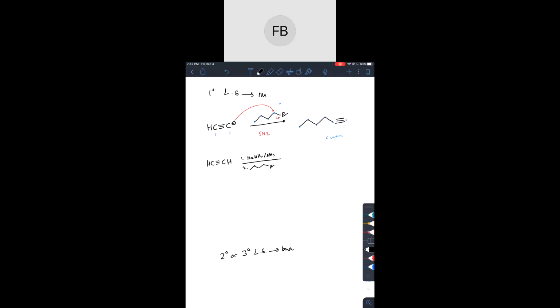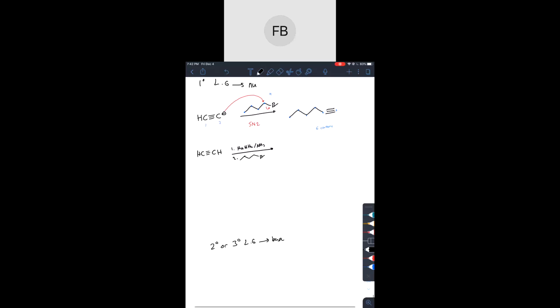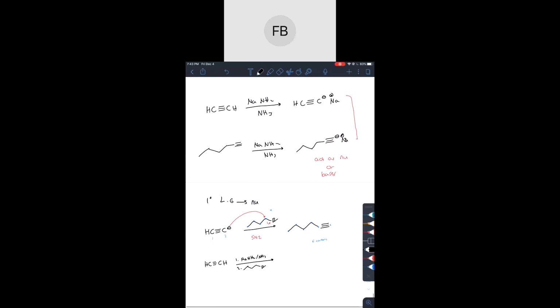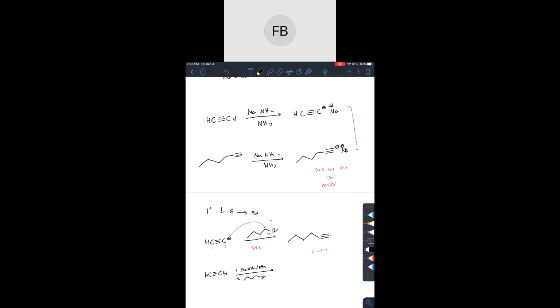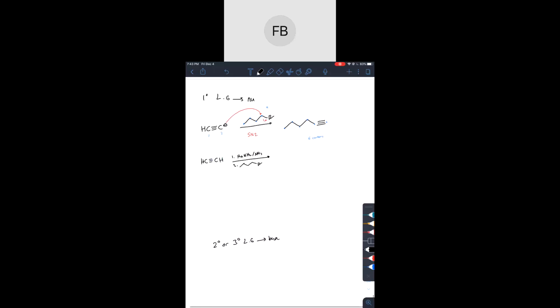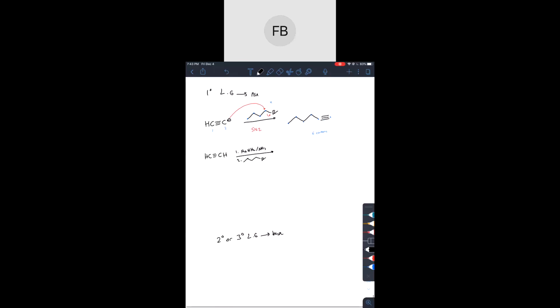You have to be aware of this because it's the much more convenient way to do it. You don't want to have to draw out the original step where it becomes a nucleophile every time. It saves so much space. Just do them both in one step. So what you get is the same thing: first the carbon becomes negatively charged, then it substitutes onto those things. Again, this is really important to know.